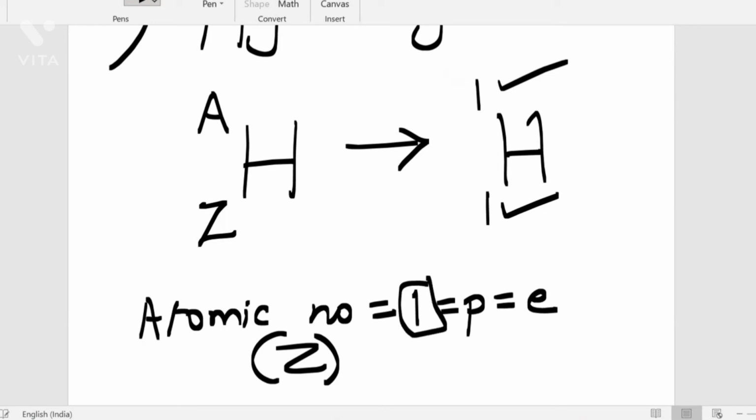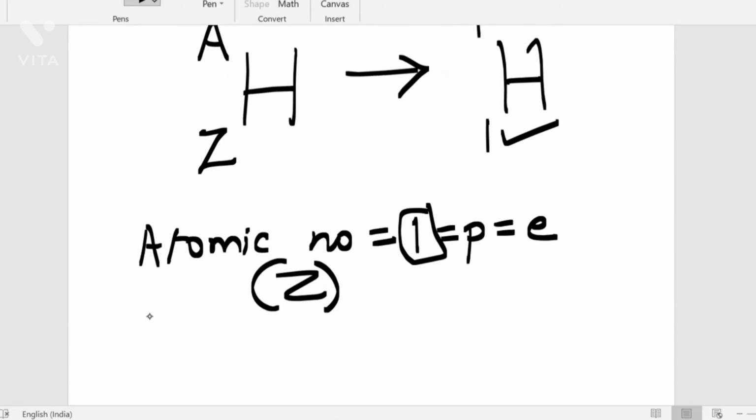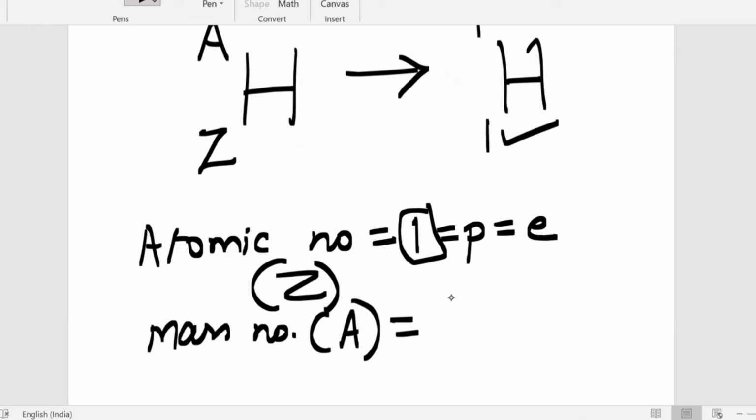From atomic number, it is easy to find out. Next, we have to see the mass number. Mass number is represented by capital A. So, what is the formula to find out the neutron number?